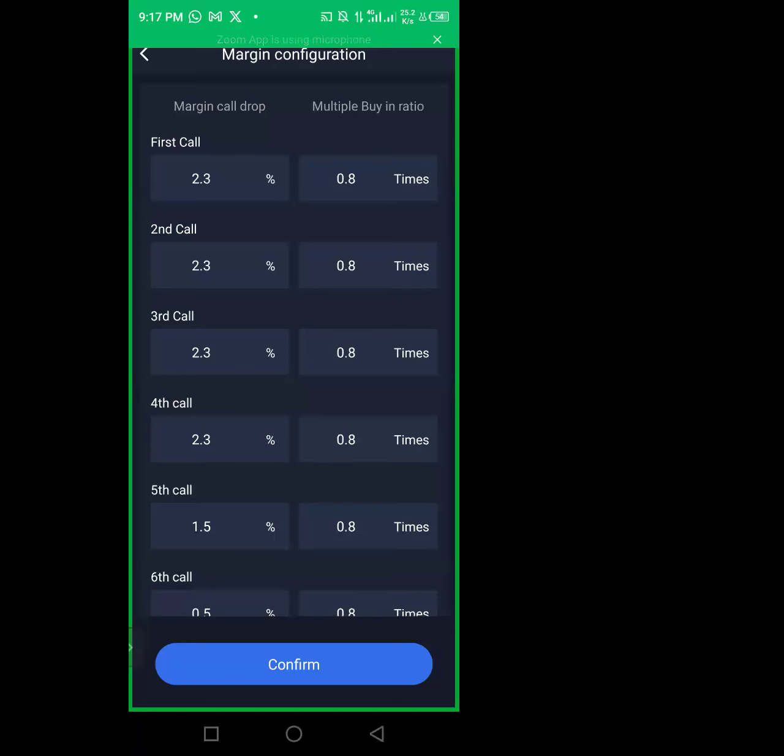So that is the secret behind using the 2.3, 2.5, 2.3, 2.3, 2.3 to 4. Because the robot will not sell this margin 1 to 4 separately. If it's for margin 5, yes, if the robot buys any margin from 5, 6, 7 and above, the robot can sell it for me and give me profits.